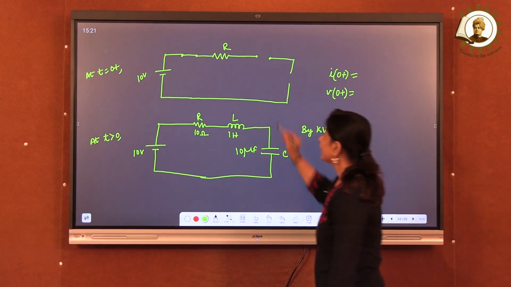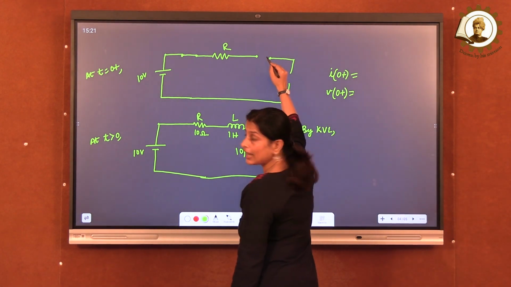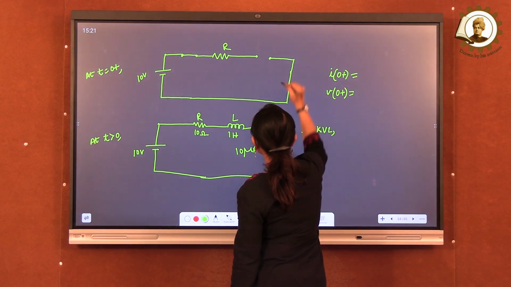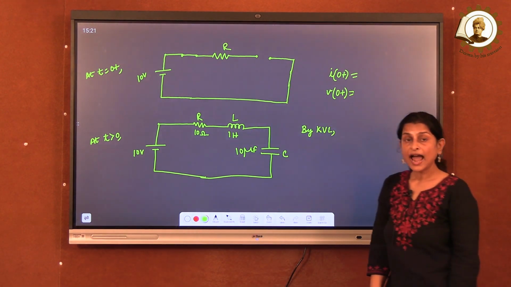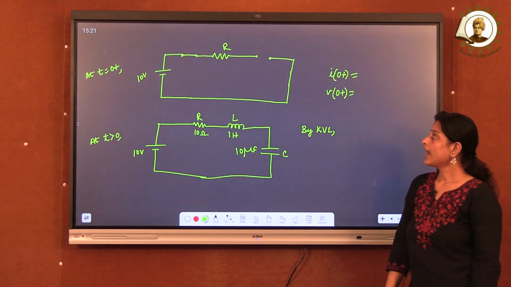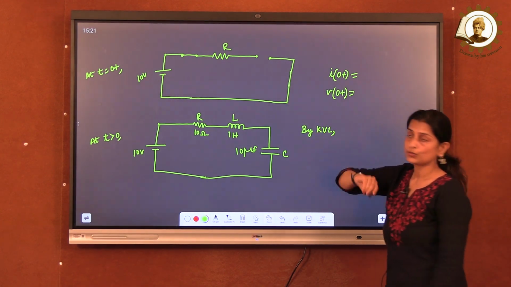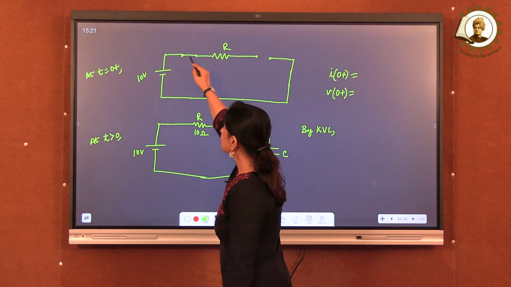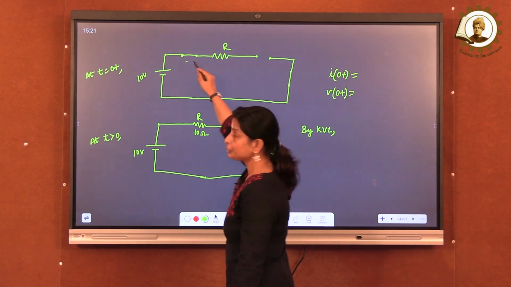So what will happen? The inductor will be open circuited and the capacitor will be short circuited. Right? So at t equal to 0 plus, you have to redraw the circuit and the circuit obtained is this one. We have the resistor as it is, the switch is closed now at t equal to 0 plus.